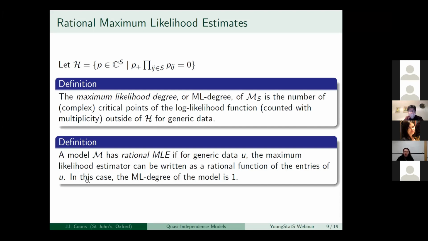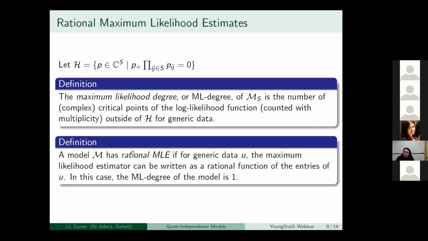Then we say that our model has rational maximum likelihood estimate if for generic data, the MLE can be written as a rational function in the entries of the data. In this case, the ML degree of the model is equal to 1.